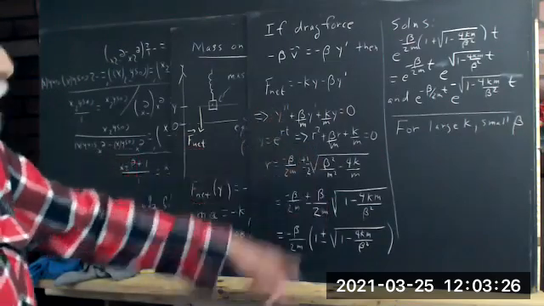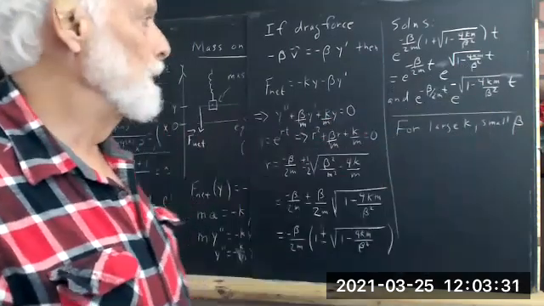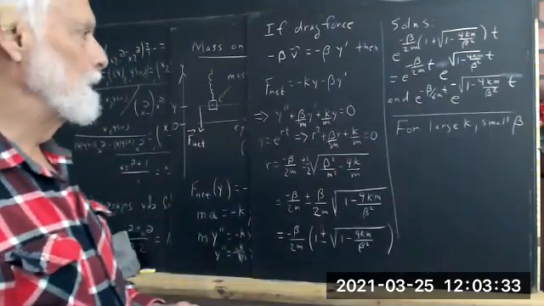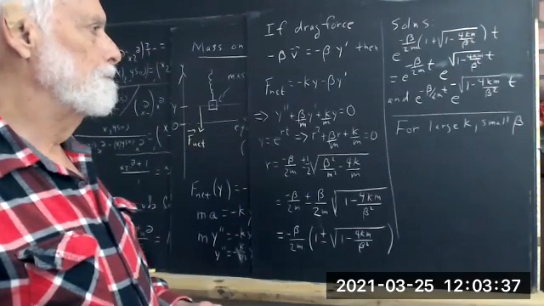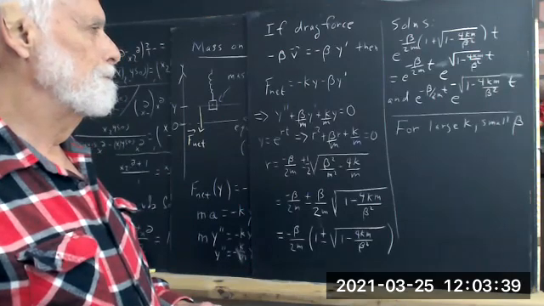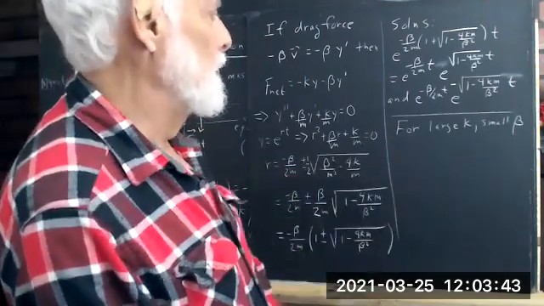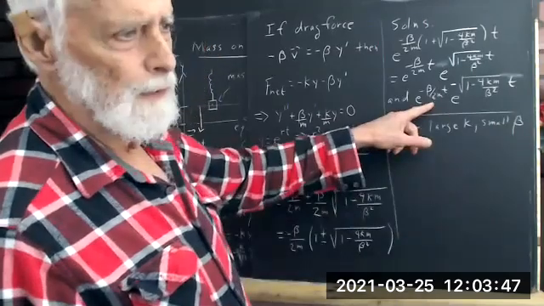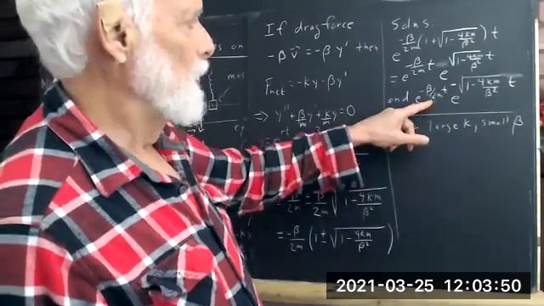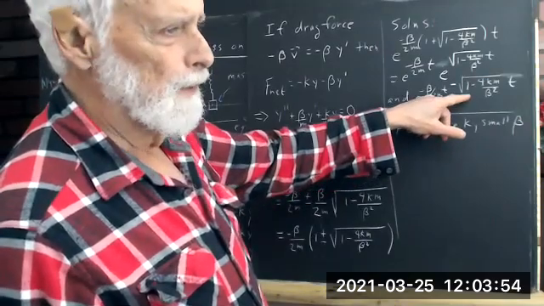If beta was 0, well, then you'd have a problem here, except that you got a 1 here, and this is going to be a complex solution.